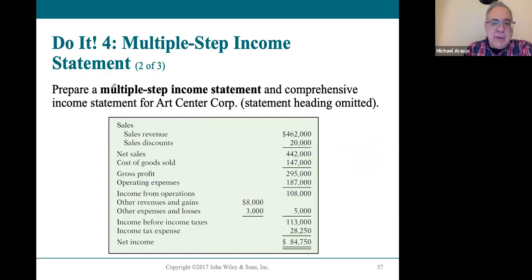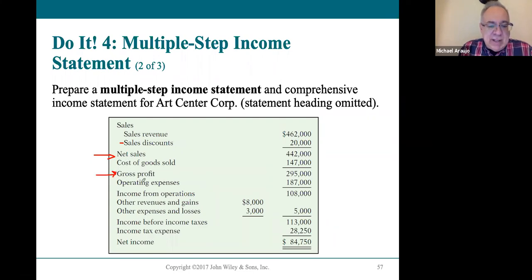Okay. So for the multi-step income statement, you have to calculate net sales, which means sales revenue minus, there are no sales returns and allowances, but there are sales discounts. So you subtract that out. Net sales minus cost of goods sold, here's your gross profit, right?